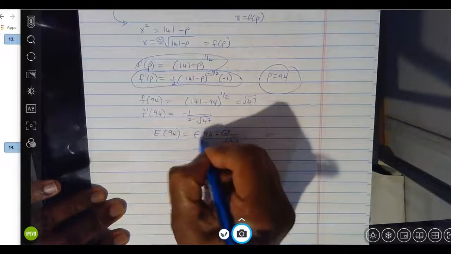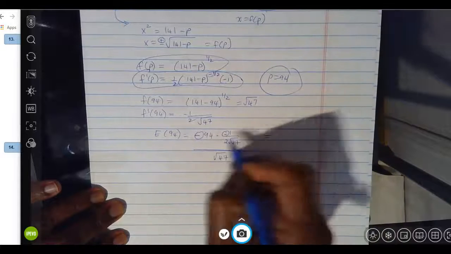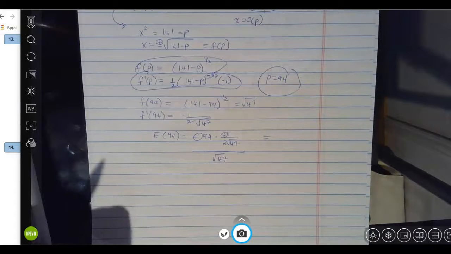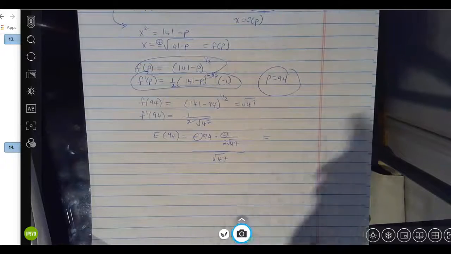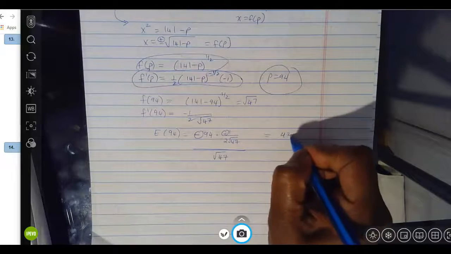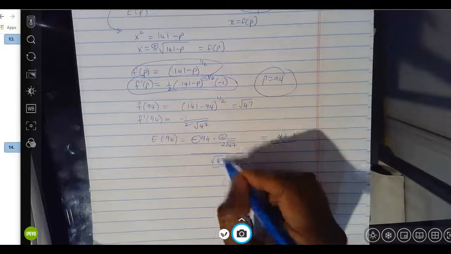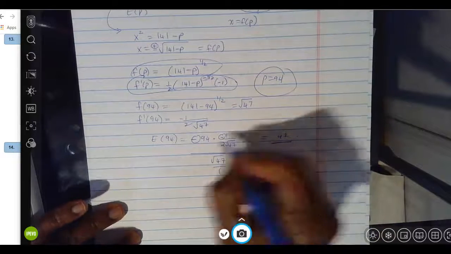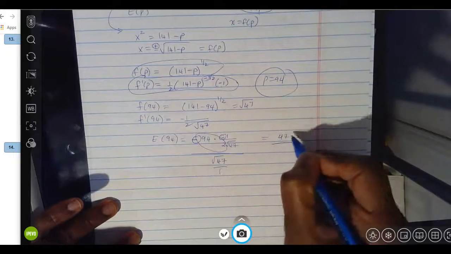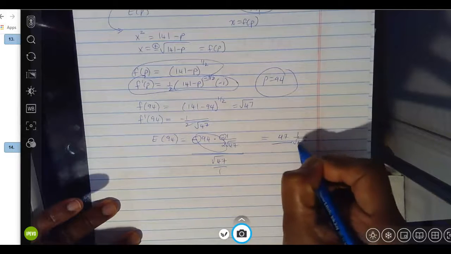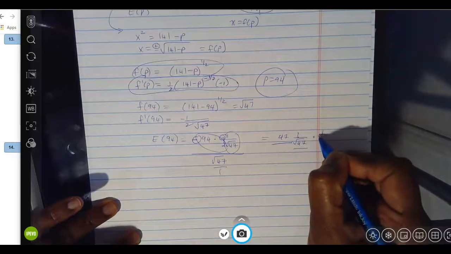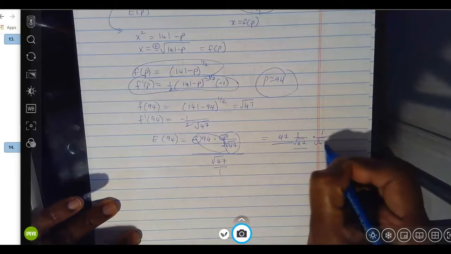These two negatives multiply to make it positive. 94 over 2, that should be 47, I believe. I'm going to double check. So that's 47. And then when you flip this, because you have a division, you have this part as 47, and you have 1 over root 47 from here, and this goes up as 1 over root 47.